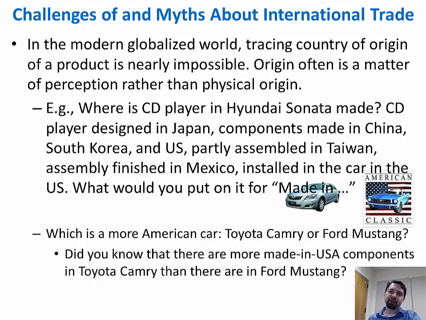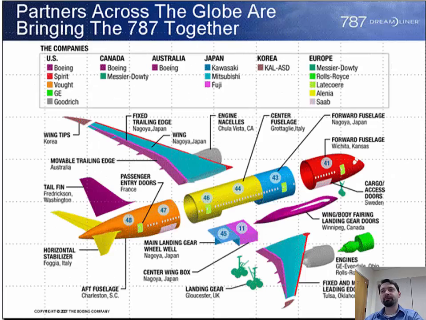And so even though Toyota is a Japanese company, this particular model is made in the United States and has more American components and value in it than Ford Mustang, that is also made in the United States but has more components from somewhere else. So go figure.